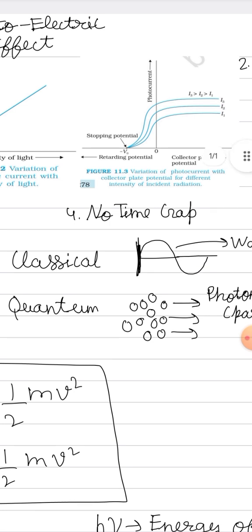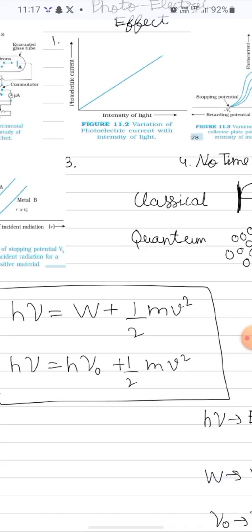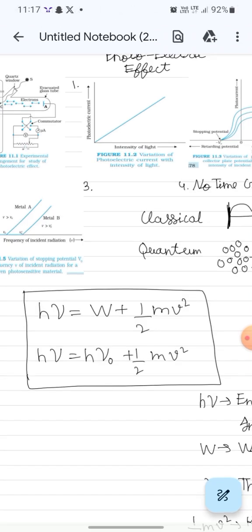According to classical theory, the energy transfer is continuous, so it should take some time. But according to quantum theory, or Einstein's theory, the energy transfer is discrete and instantaneous, so it should not have a time gap.